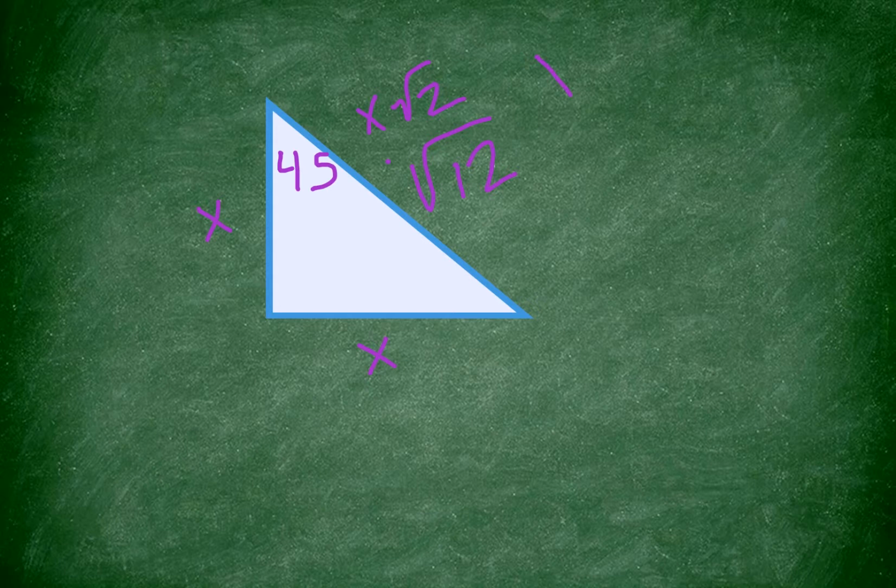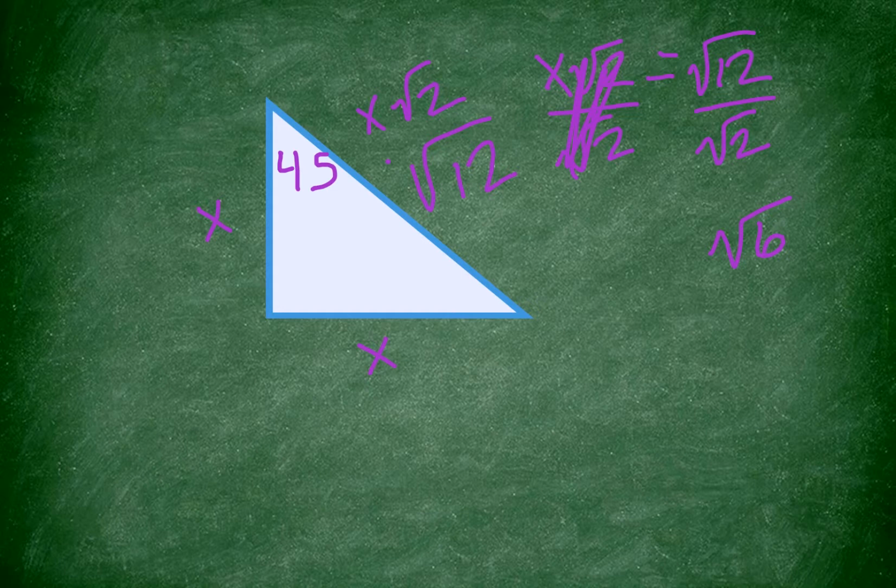Or you could just go ahead and set up that equation, x square root 2 equals the square root of 12, and solve. Remember, the square root of 2 is still a number, so you're going to divide by it like you would if it was 2x. And this cancels out here. You can divide numbers that are under the radical, so the square root of 12 divided by the square root of 2 is going to be the square root of 6.